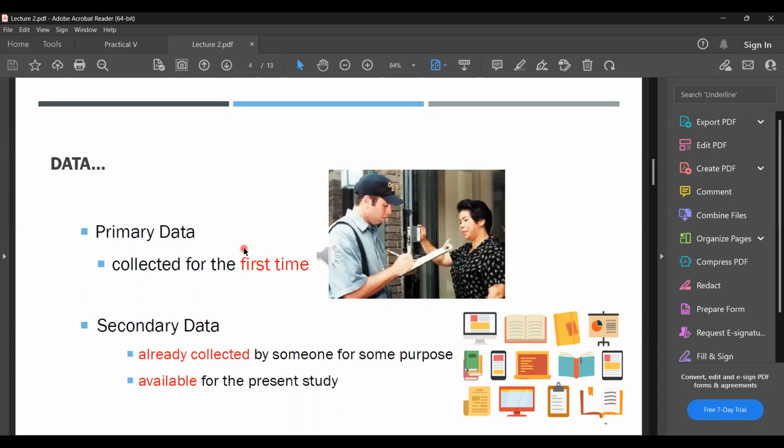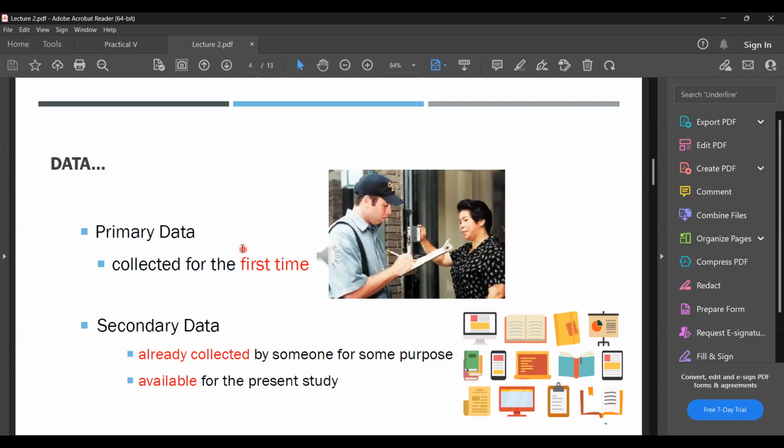At the moment, the main topic in the whole world is big data. A large amount of data is generated every second, anywhere in the world. Most of the time we can access those data, and they are not collected by us, so they become secondary data.